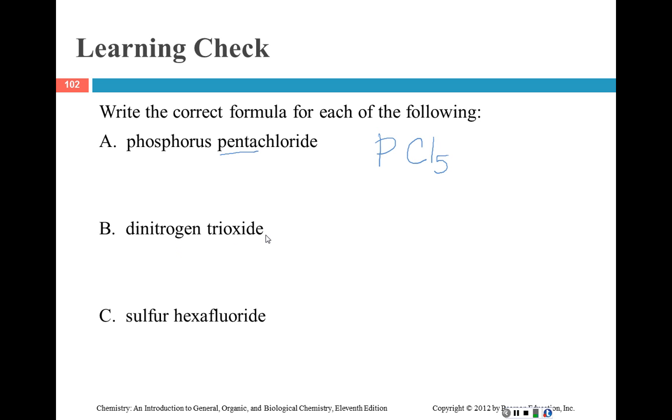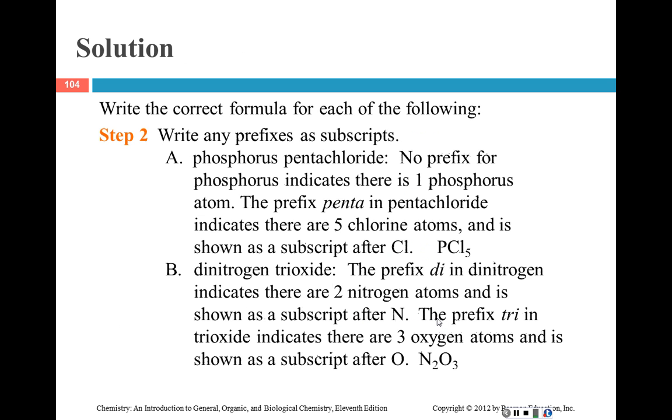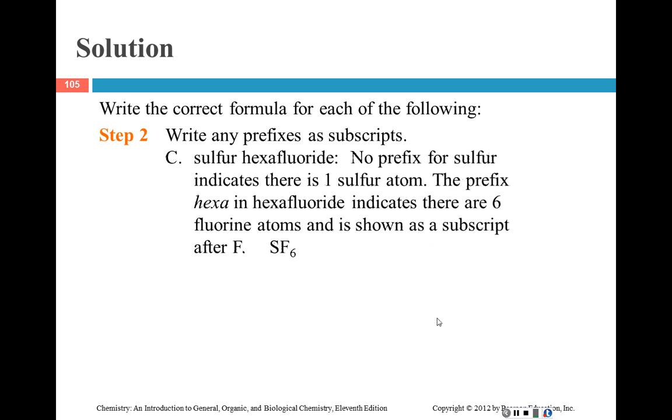Dinitrogen trioxide. Okay, so we have N. How many? 2, because di is 2, and oxide we have 3. Very good. And then sulfur hexafluoride, and hex is what? 6.